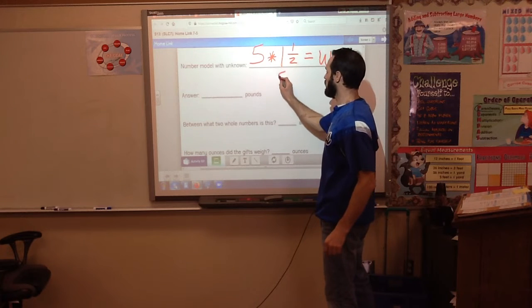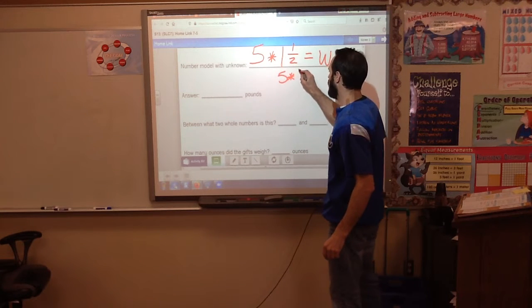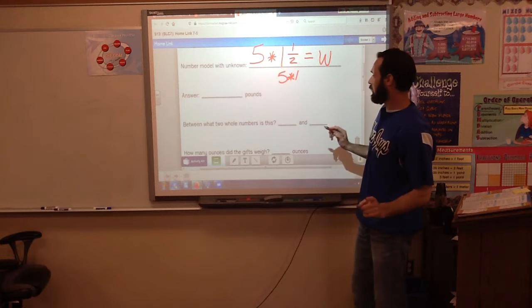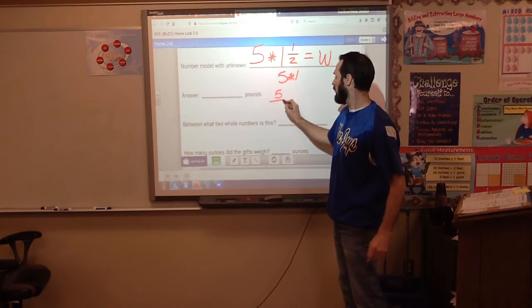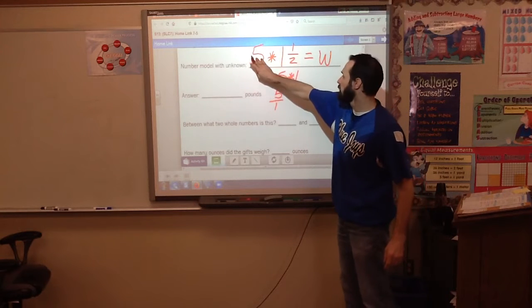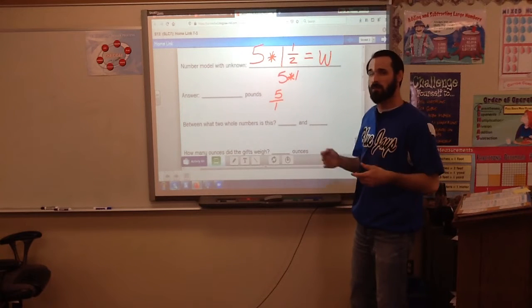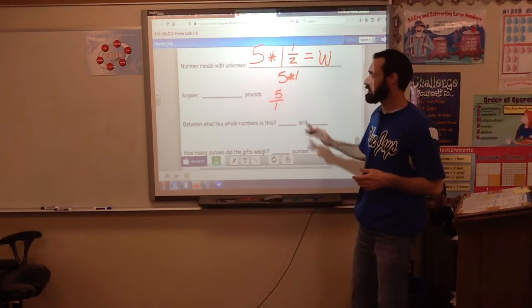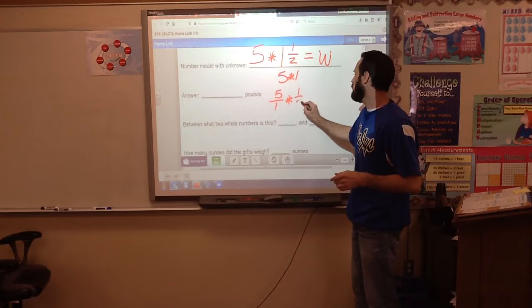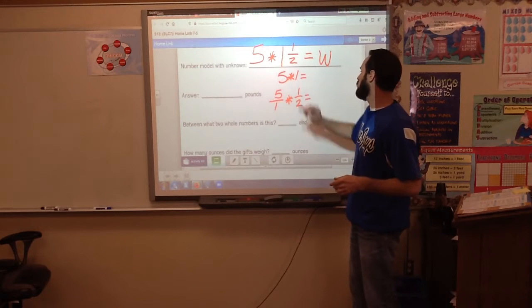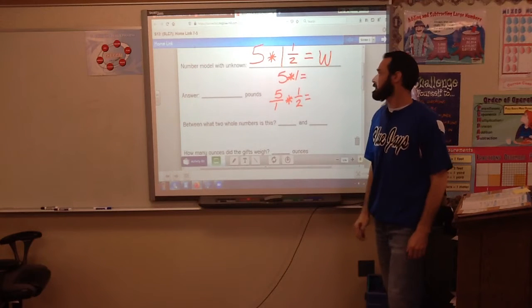So that would be like doing 5 times 1. Now we're also going to do 5, but this time I'm going to write it as a fraction because I have to take 5 times 1/2. And if I'm multiplying my whole number times a fraction, it might be easier just to have it as a fraction. 5 times 1/2 equals and equals. We have to solve both of those.